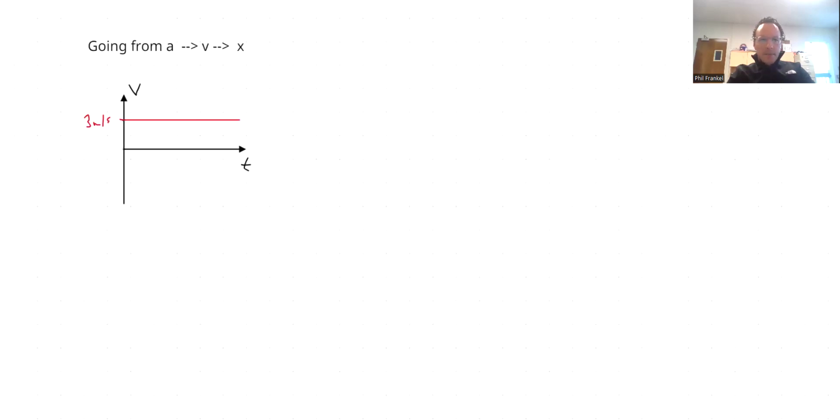Suppose I ask, what is the displacement of the object between 2 seconds and 6 seconds? I'm not asking where it is. Could be in Paris, could be in New York. I am asking how far and in which direction did it move from its starting point at 2 seconds by the time 6 seconds arrived?